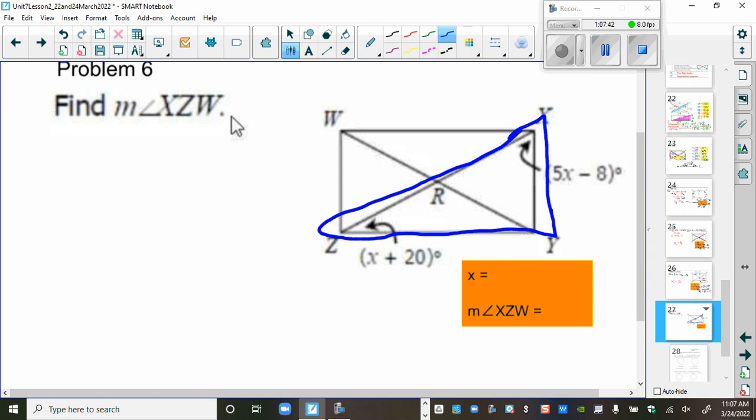Well, what do we know about this angle right here? This angle is how many degrees? 90. So what must the other 2 angles add up to be? Because if we already have 90 degrees, and this is part of a triangle, what must the sum of the other 2 angles be? Somebody said it.